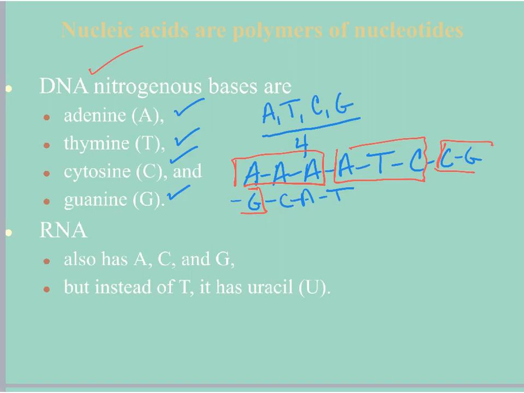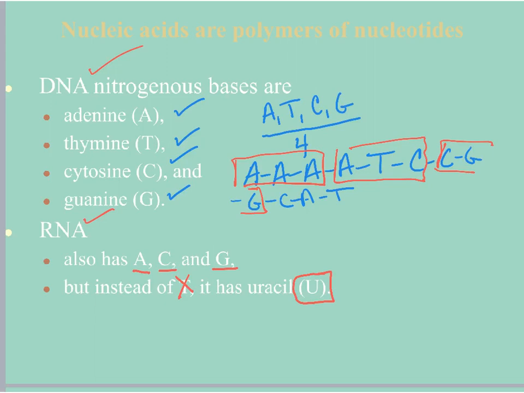But also in cells, you have another nucleic acid called RNA. And RNA has a similar alphabet. It has adenine, cytosine, and guanine, but instead of having thymine as one of its letters, there's another nucleotide called uracil. So RNA does not have thymine, it has uracil in its place.